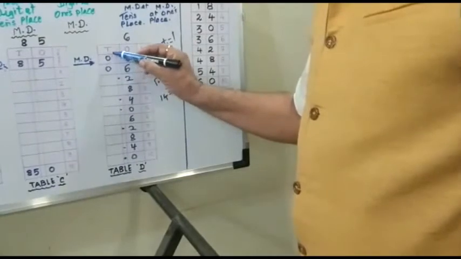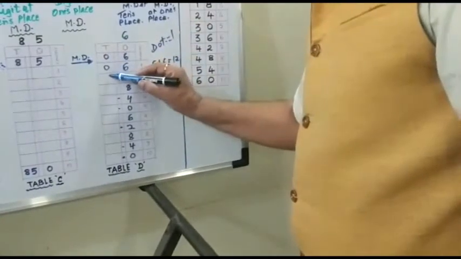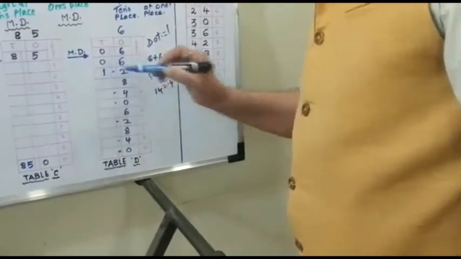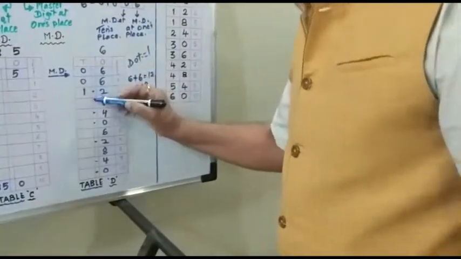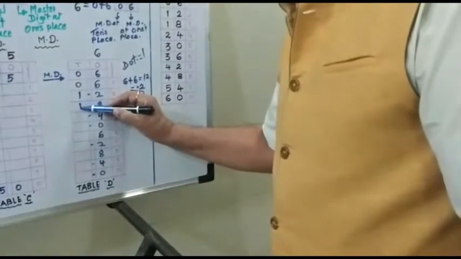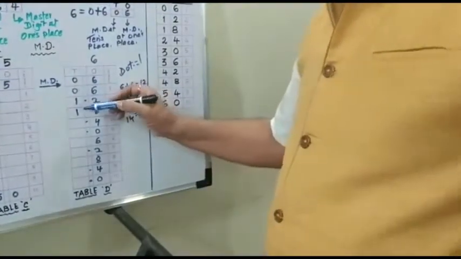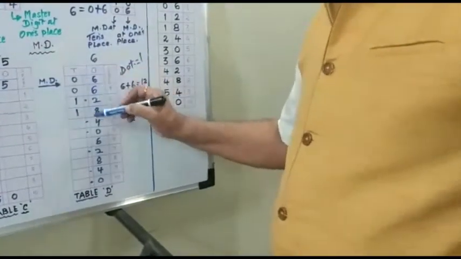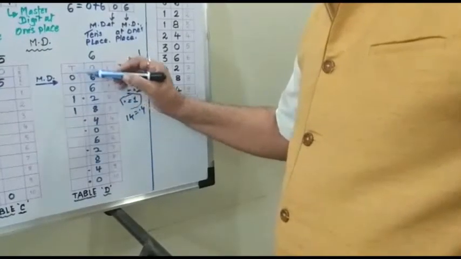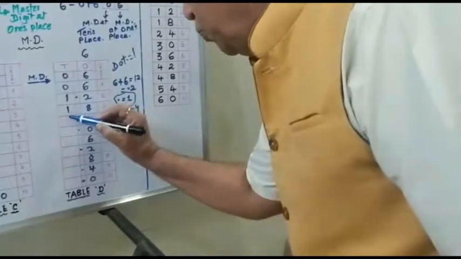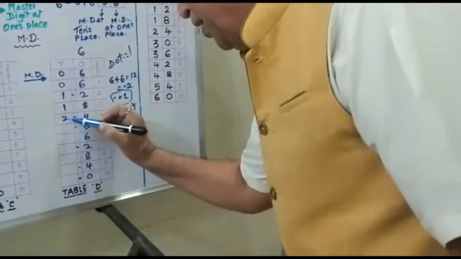So 0 plus 0, 0, and 0 plus 1 is 1. So we'll put 1 here. Okay. Now 1 plus 0 is again 1. So we'll put 1 only here. Again 1 plus 0, 1, but dot is here. So 1 plus 0 means 1 plus 1, that is 2. So we'll put 2 here.